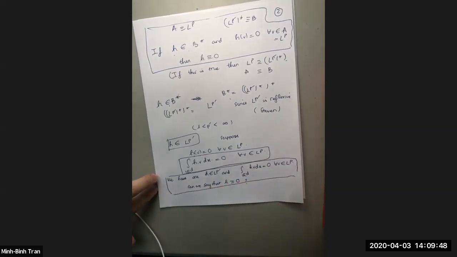So I have a very simple question. I have that H is in LP prime, and I have that H times V, and I take the integral. Then this has to be 0 for all of the V in LP, right? Can we say that this S is 0?